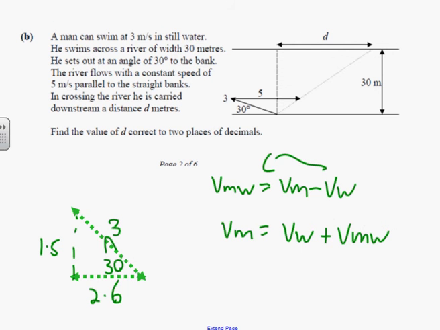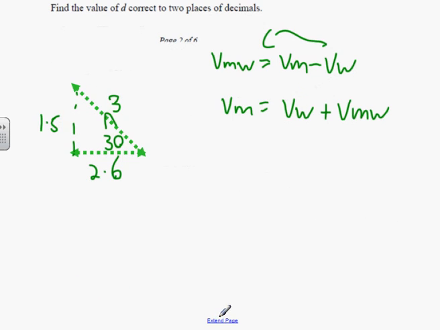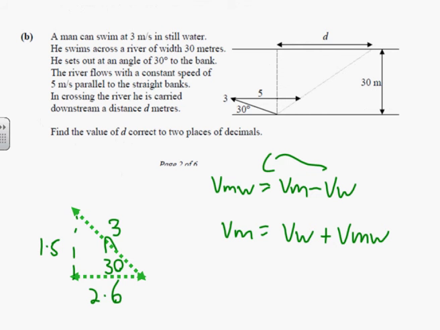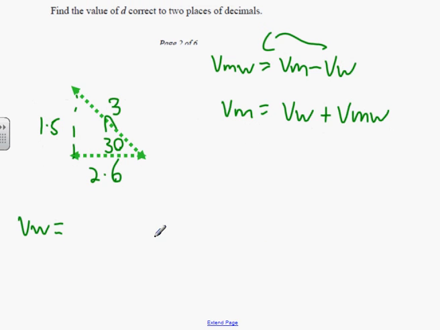Now, first, what's the velocity of the water? It's going to be 5i, isn't it? 5 going to the right, so 5i. And then what is the velocity of the man in the water? We have it here, don't we? This is not taking into consideration the velocity of the water, so it's minus 2.6i plus 1.5j.